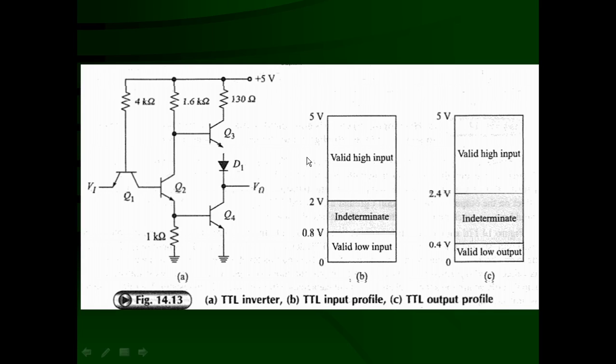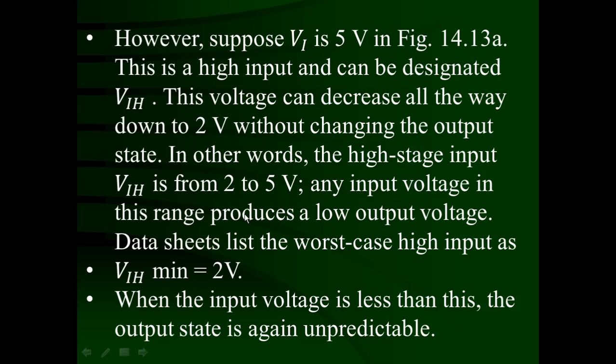Similarly, what should be the output? However, suppose Vi is equal to 5 volt in figure 14.13a. This is a high input and can be designated as VIH. This voltage can decrease all the way down to 2 volt without changing the output state.